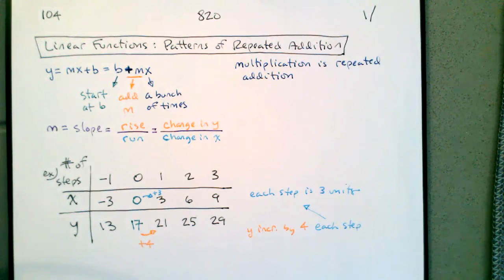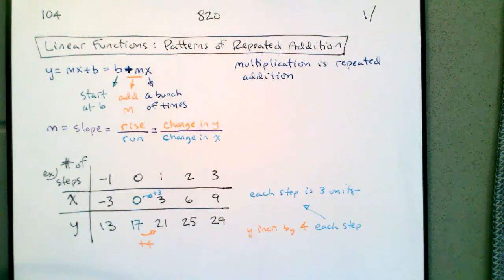Because then we can read this expression by saying we start at b and add m a bunch of times. We're doing the repeated operation of adding m, and there's the multiplication, m times x. X is the a bunch of times. X is the steps, the number of steps that we're taking.